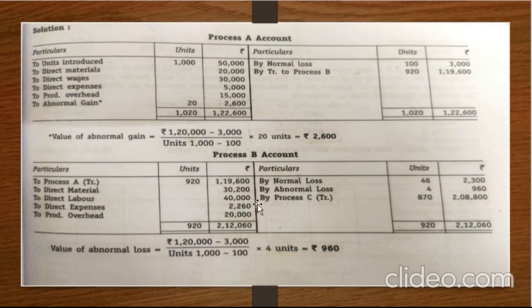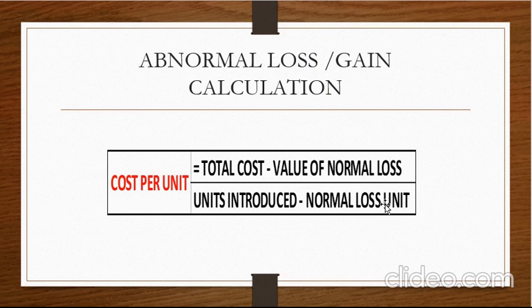It is 3,000 for 100 units. 1,20,000 is your total cost, when you add up 50,000 plus 20,000 plus 30,000 plus 5,000 plus 15,000. 1,20,000 minus 3,000, divided by units introduced minus normal loss units.